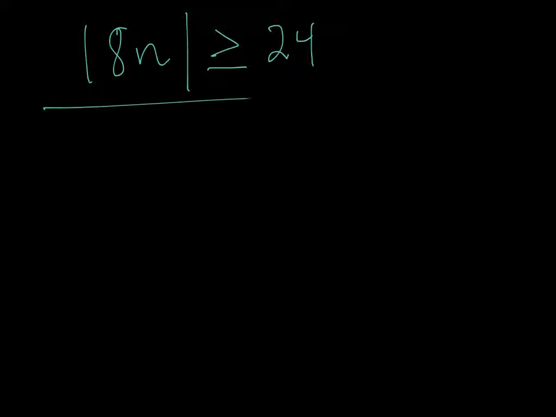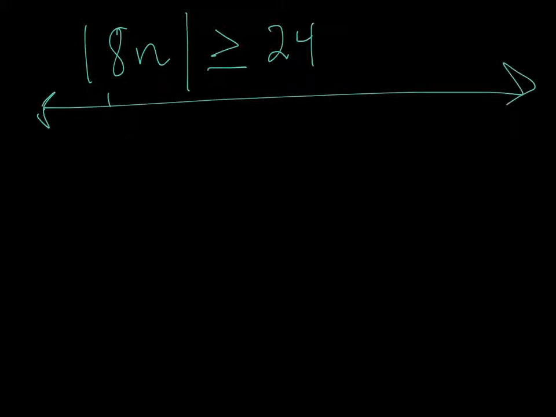So let's say we have the absolute value of 8n is greater than or equal to 24. Okay? So the inequality says that 8n is at least 24 units from 0 on a number line, right? Because absolute value is distance from 0 on a number line. Well, to be at least 24 units from 0, 8n can be less than or equal to negative 24 or greater than or equal to 24, right? So let's look at a number line, right?